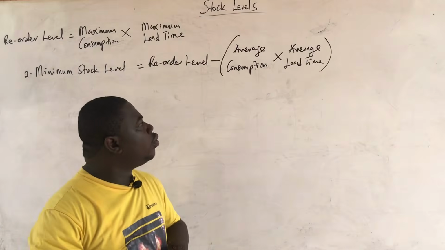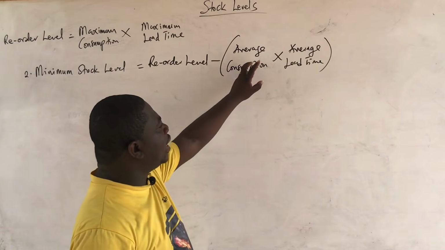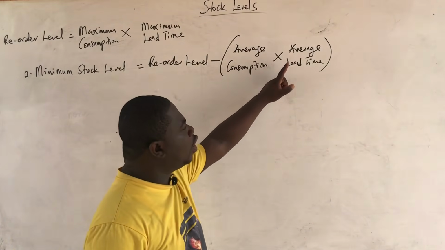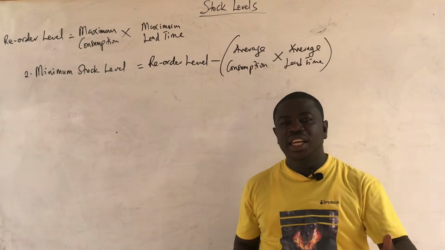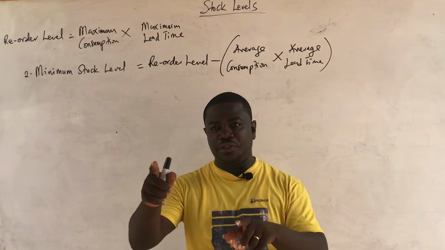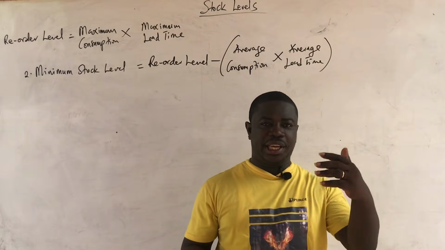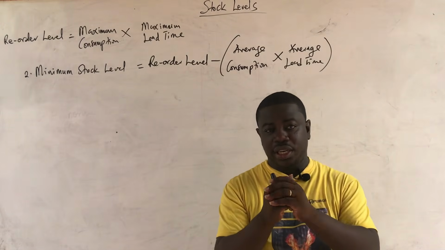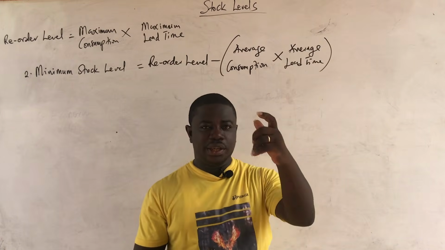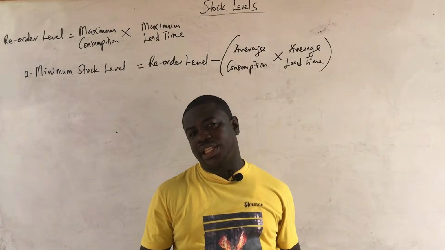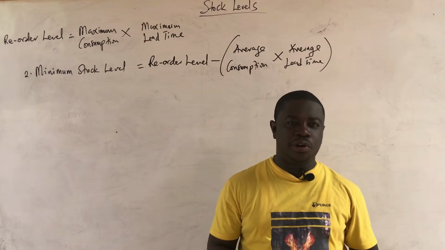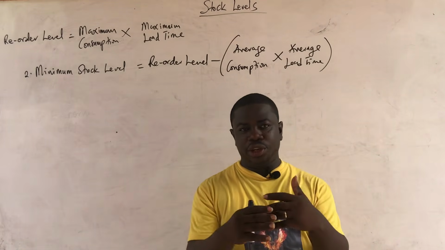So we are trying to open up a bracket here and say, let's multiply the average consumption by the average lead time. Like I told you, if your lead time or your reorder period is 10 to 15 days, your average will be 10 plus 15 divided by 2. That will be 12.5. And then your average consumption, if your maximum consumption is 10,000 units and your minimum consumption is 7,000, you add the two and divide by two.